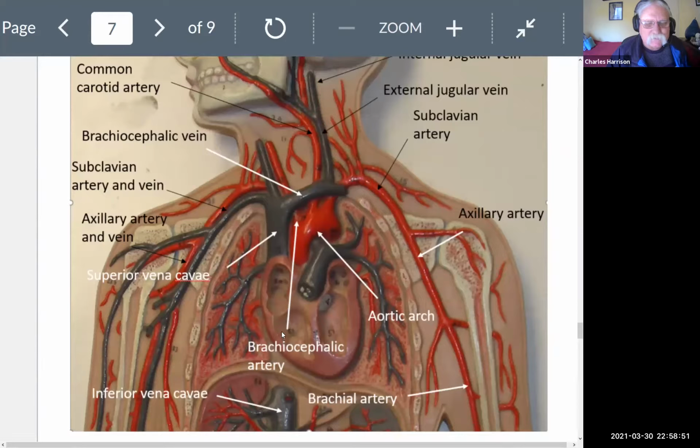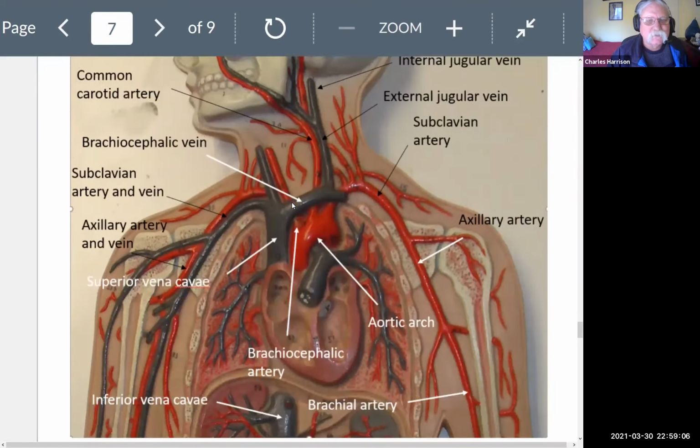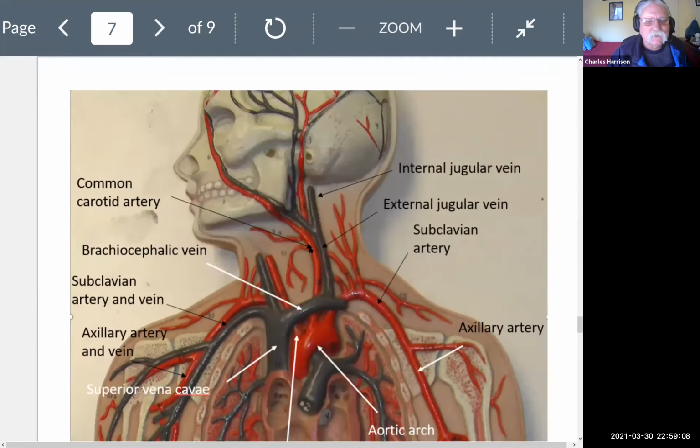Okay, brachiocephalic artery. Here's the heart in red. Here's the arch. And the first vessel off is the brachiocephalic. So that wasn't terribly hard. Here's the common carotid artery. The second one is the common carotid.